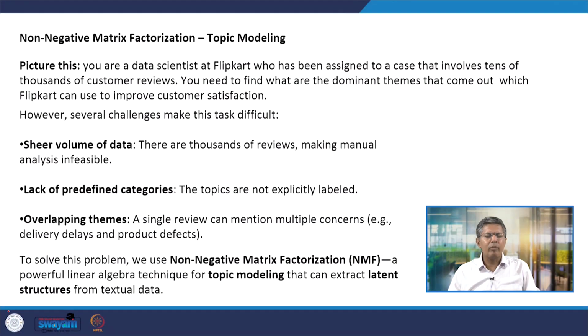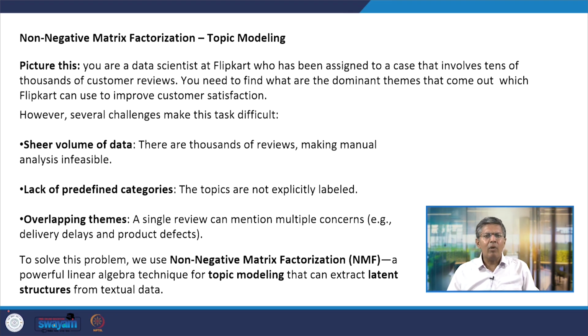You are a data scientist at Flipkart, let's say. It could be any company; I have just given an Indian company's name. You have been assigned a case that involves tens of thousands of customer reviews. On Flipkart, Amazon, and all these e-commerce platforms, you have hundreds of thousands of reviews on different products and services.